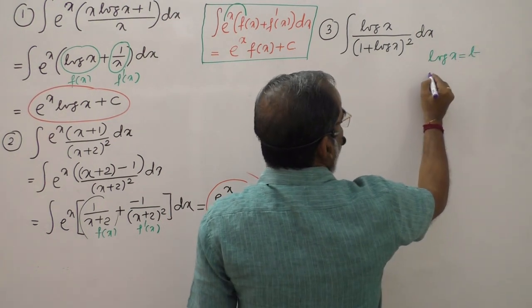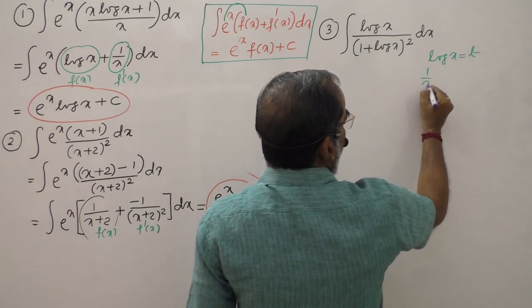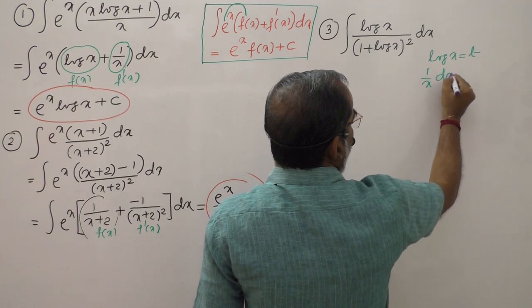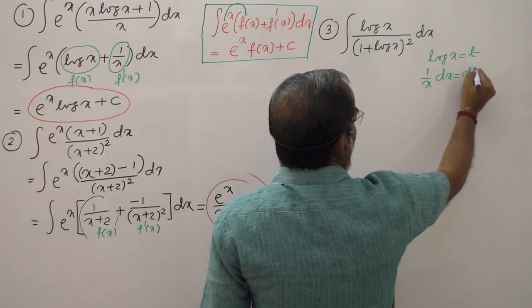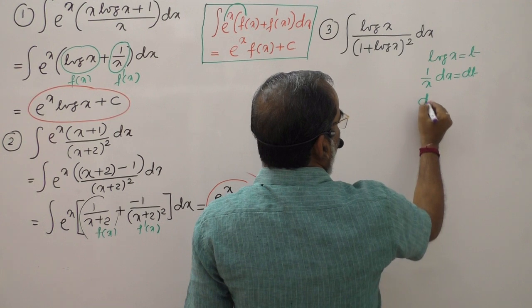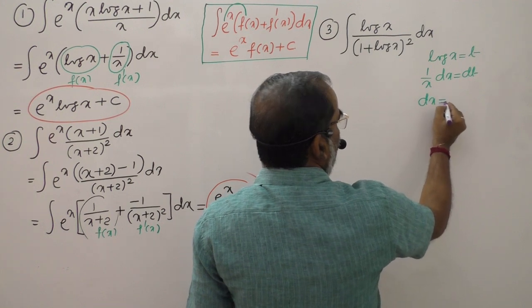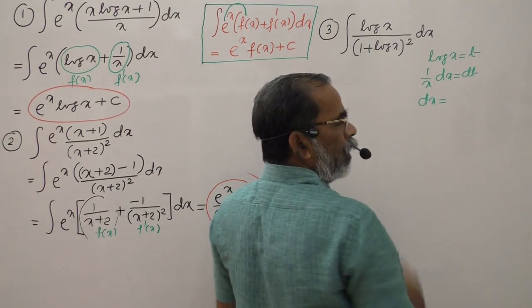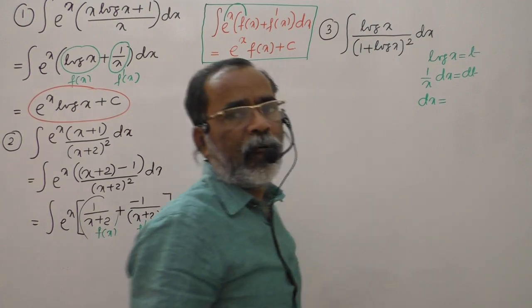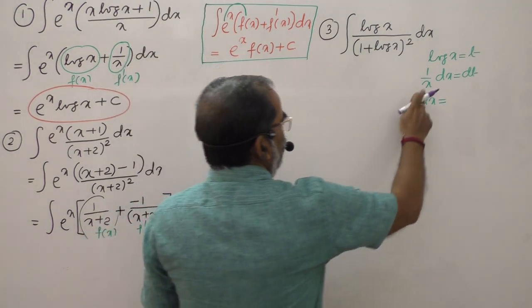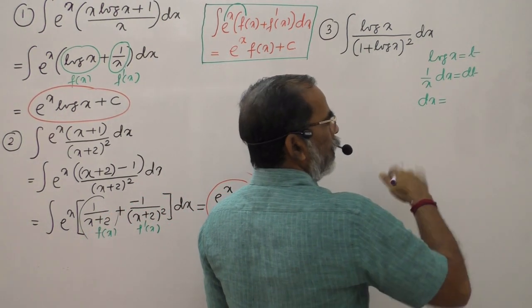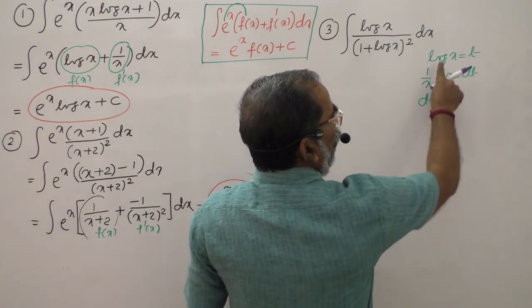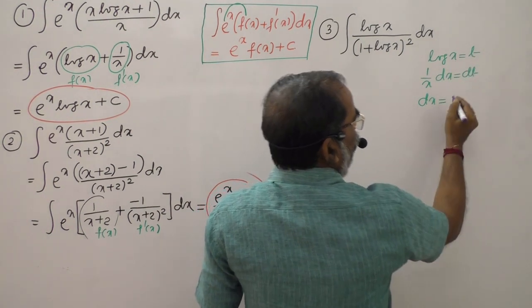What is the derivative of log x? 1 by x into dx is equal to dt. This implies dx is equal to, this x becomes the coefficient of dt, that is x, if you write x on the right side, it multiplies. Log x equal to t means what is x?